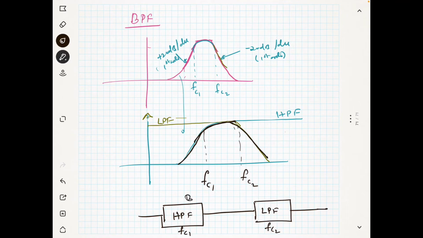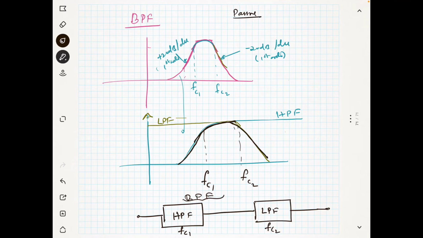The band pass filter is a combination of high pass and low pass. So if you know how to make a low pass filter and a high pass filter, you can make the band pass filter.